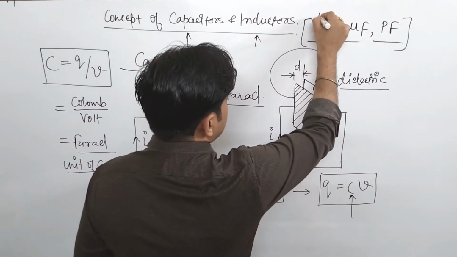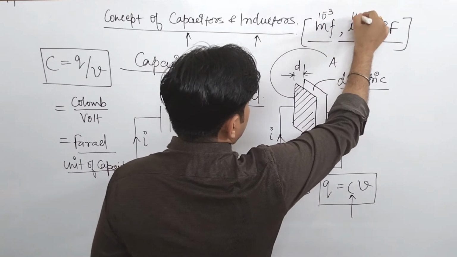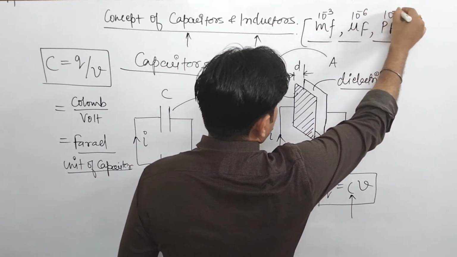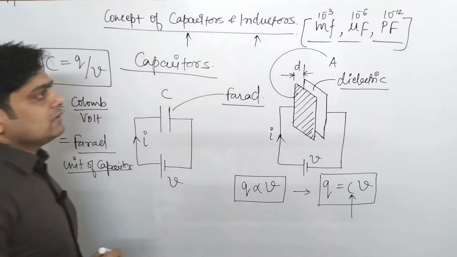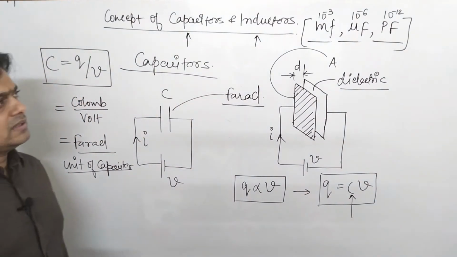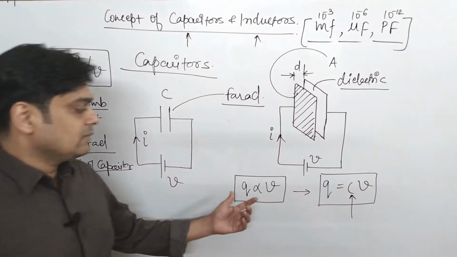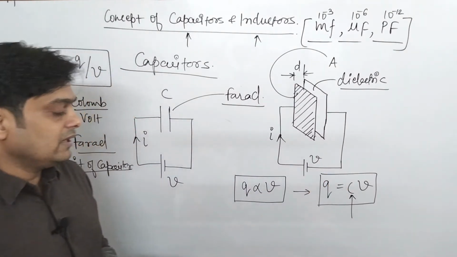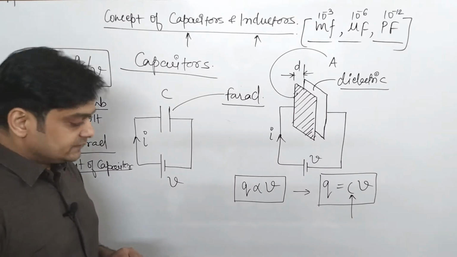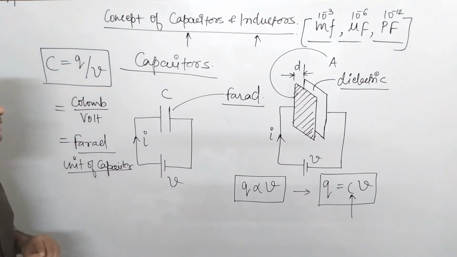Milli means 10 to the power minus 3, micro is 10 to the power minus 6, and pico is 10 to the power minus 12. In this form we will analyze the different capacitor values. As I said, Q is directly proportional to V, so Q is equal to CV. That means finally C is given by Q by V.